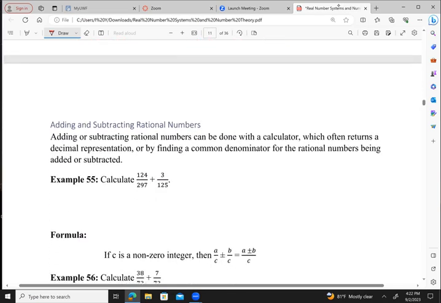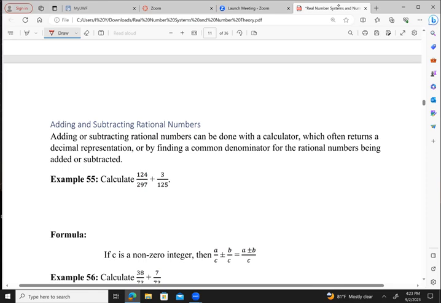So what about adding and subtracting rational numbers? This can be done with a calculator, which often returns a decimal representation, or by finding a common denominator for the rational numbers being added or subtracted. Looking at this one, I don't see anything common here.